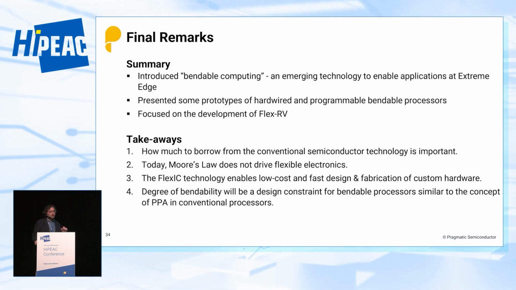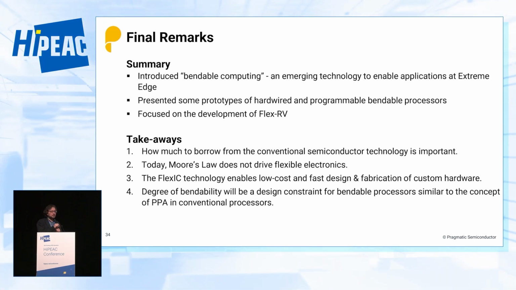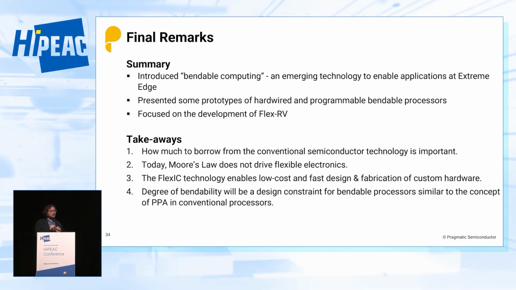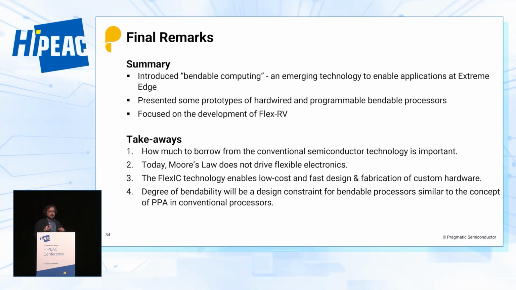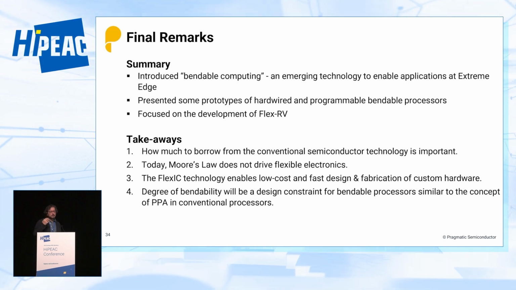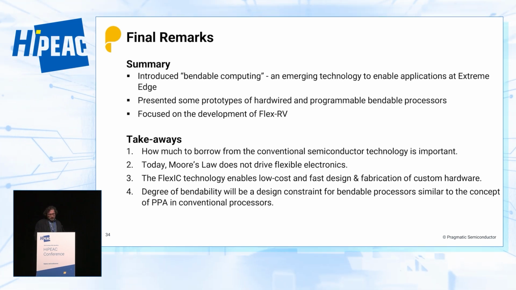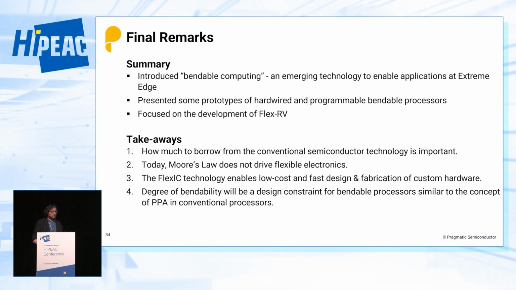What I suggest is that when you're working with a new technology, you need to work in what I call bias filtering mode, so that you don't overborrow from your past. You need to filter properly. The other thing is that there is no Moore's law driving flexible electronics.